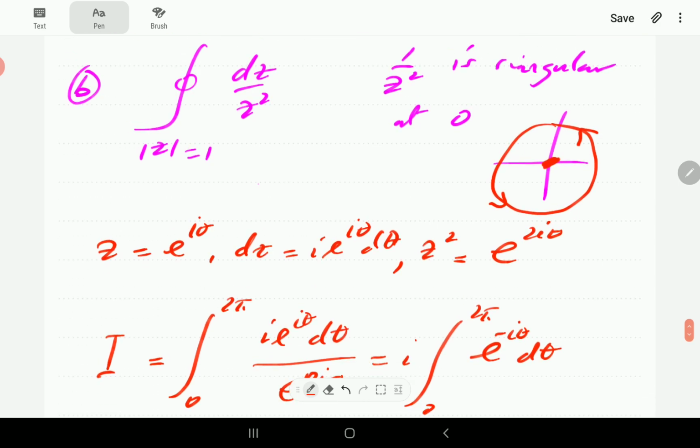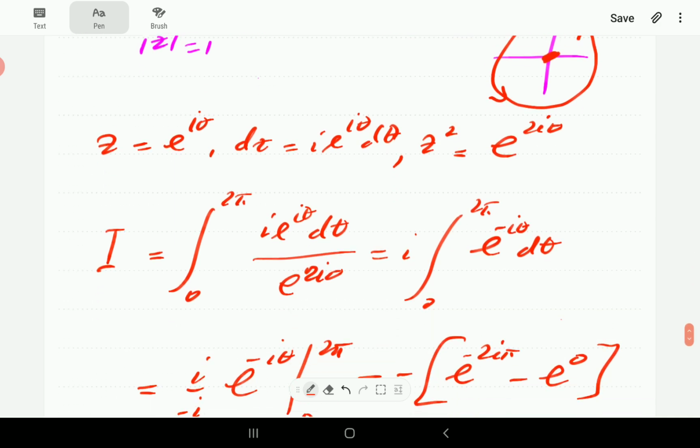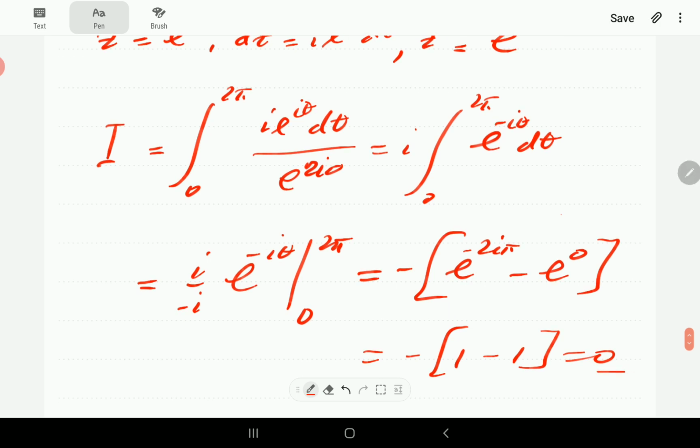So this is just a classic case to demonstrate that the result of Cauchy's integral theorem is a one-way implication statement. Getting 0 here does not imply that the function that was integrated is analytic, even though the contour is closed. Okay.